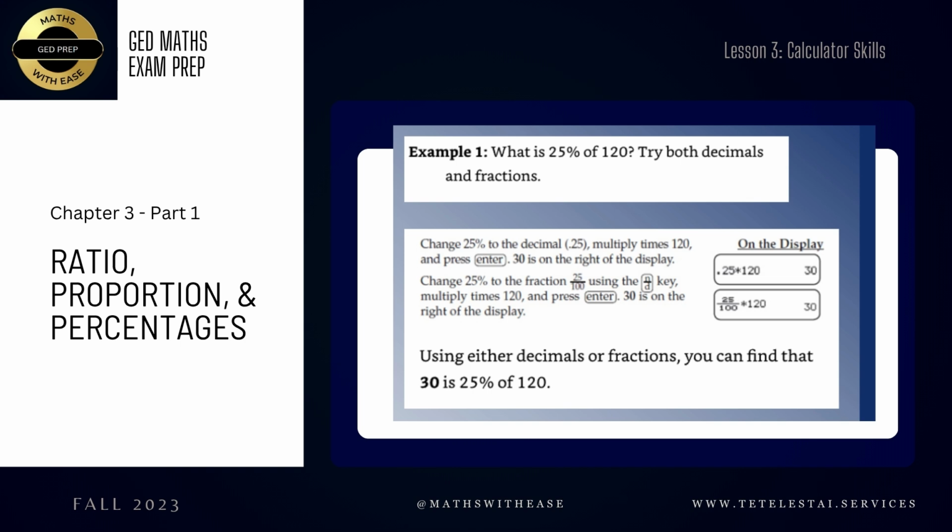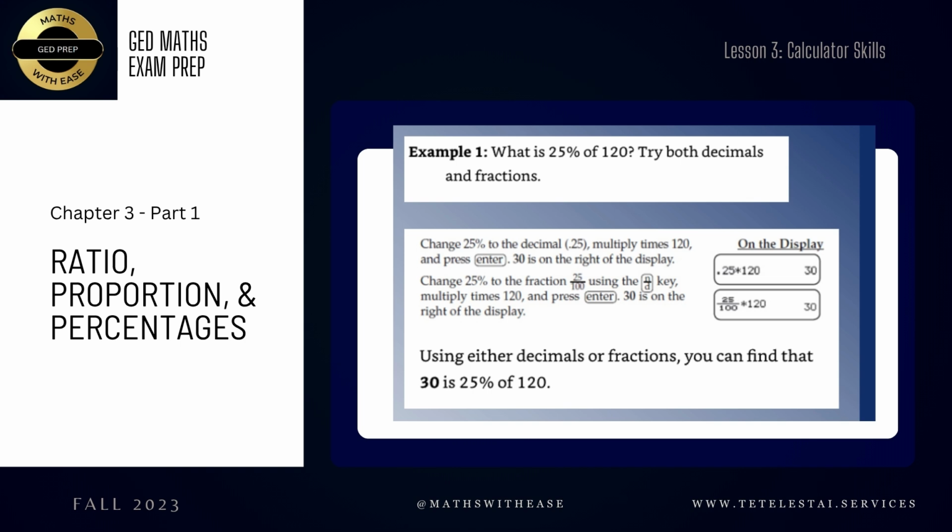So if you chose to go the decimal route, you would simply press the decimal point on your calculator, and then enter 2 and 5, and then press the multiplication symbol, enter 120, press enter, and you get your answer, which is 30.